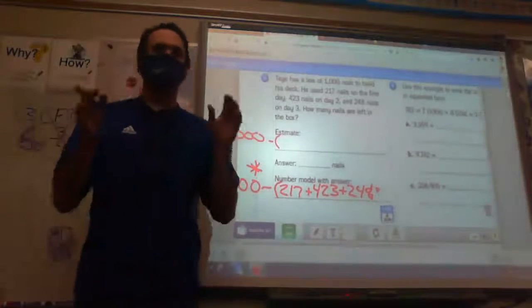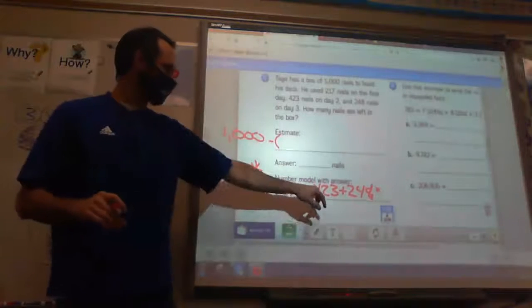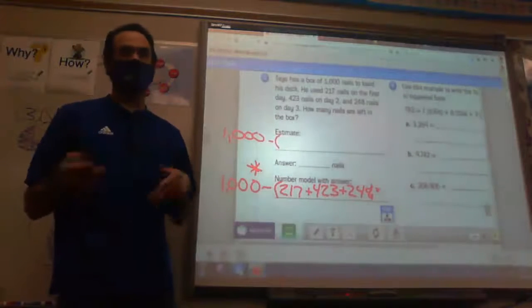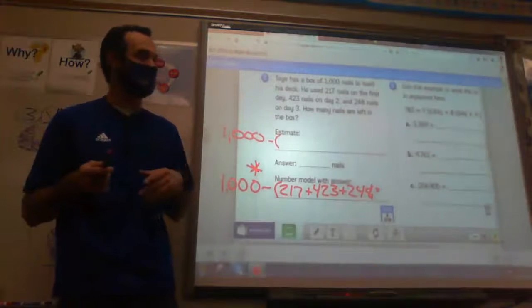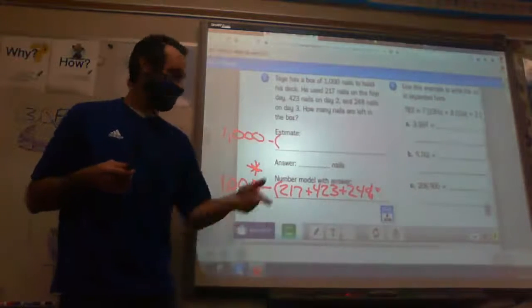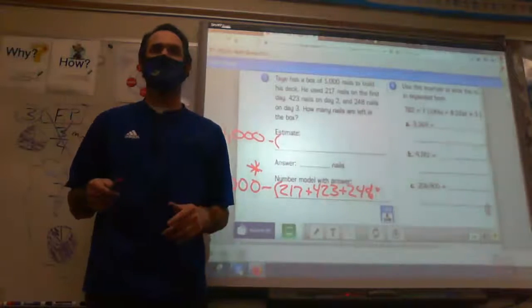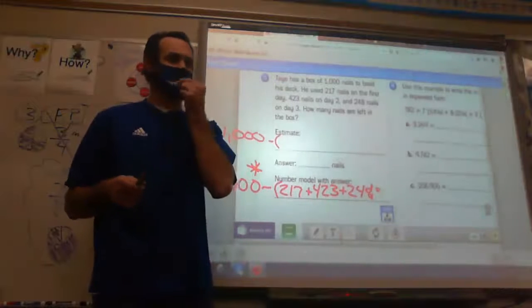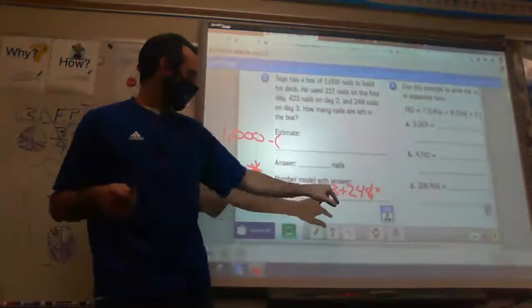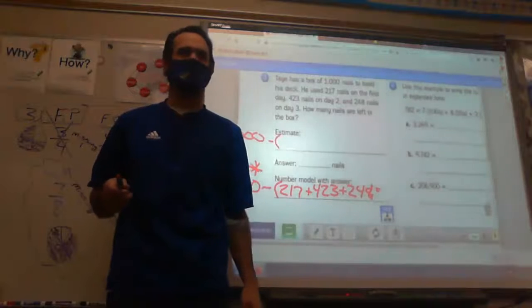The idea here is stay close, but make it easier. Instead of 423, if you were rounding to the nearest 100, you'd go down to 400. If you rounded to the nearest 10, you might do 420. Instead of 248, I'd probably make that one 250. These ones I could understand you dropping them to the nearest 100. This one I'd probably just make 50.